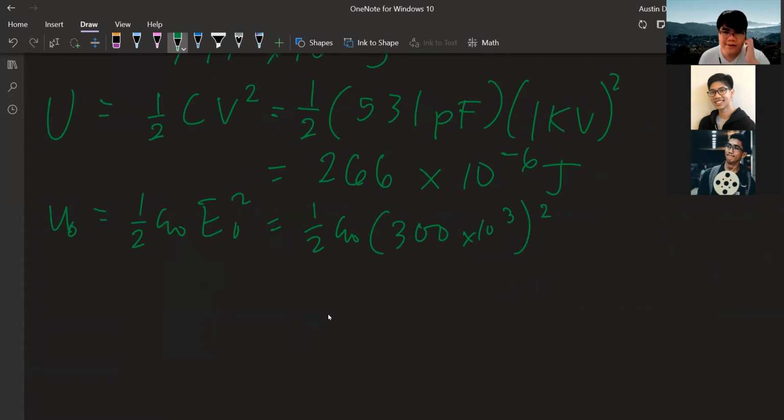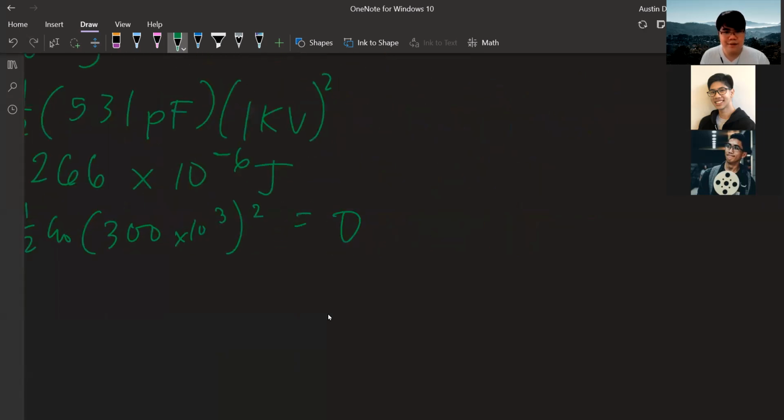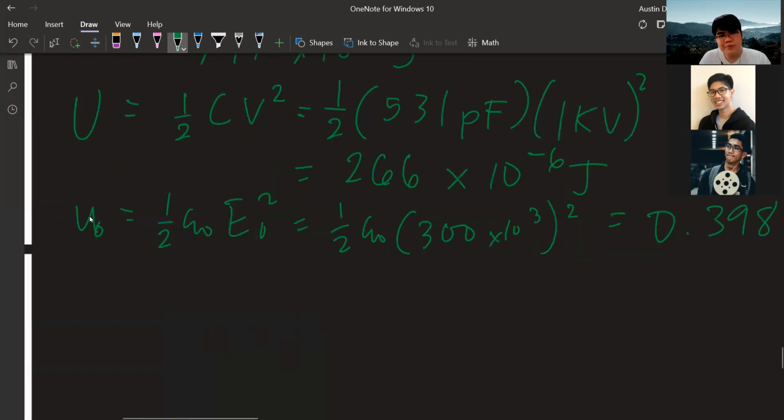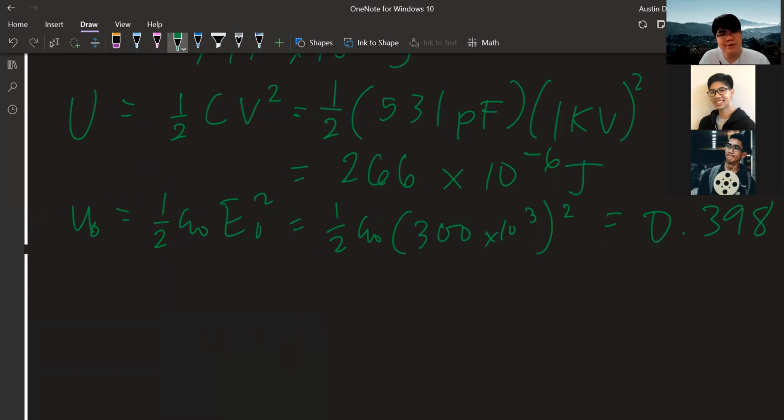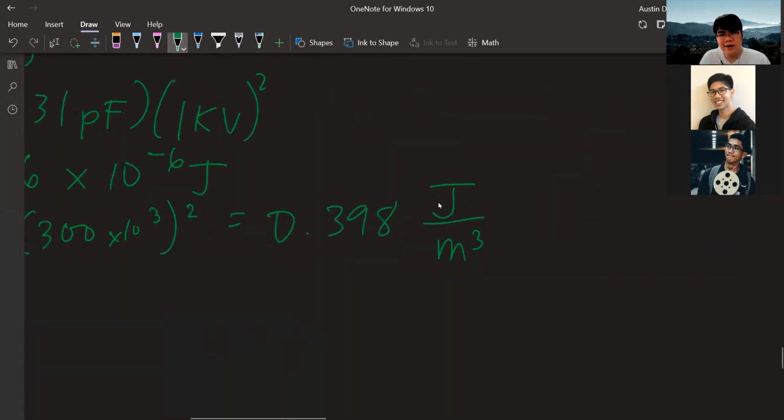And this is 0.398 joules per meter cube. Okay? Kasi yung energy density natin, energy density nga, so that is energy per volume. Okay? Joules per cubic meter. So energy over volume.